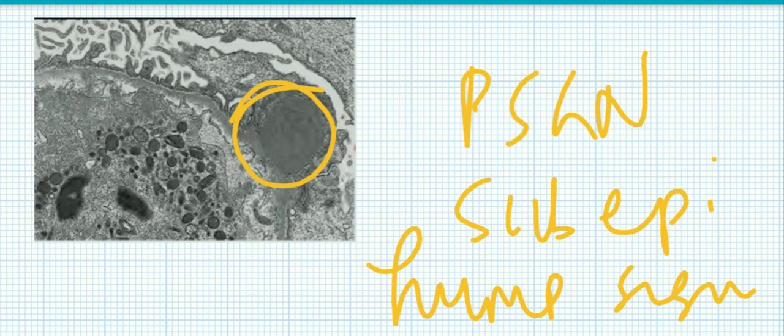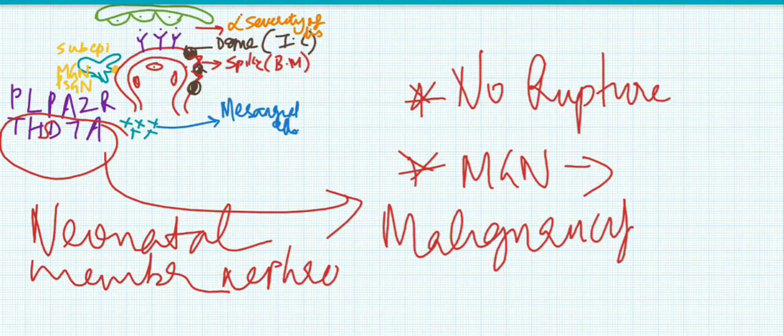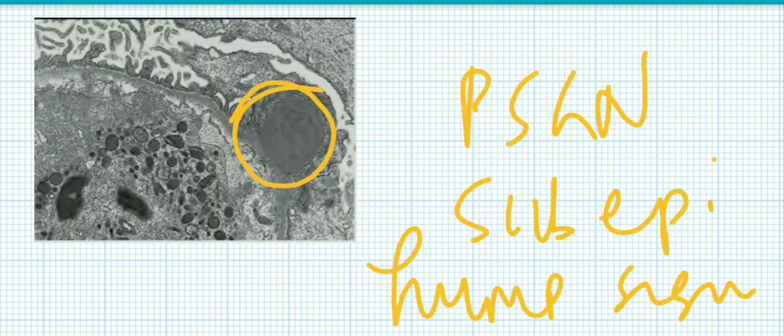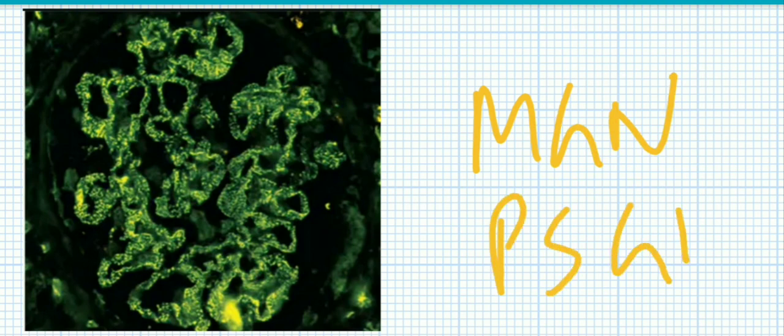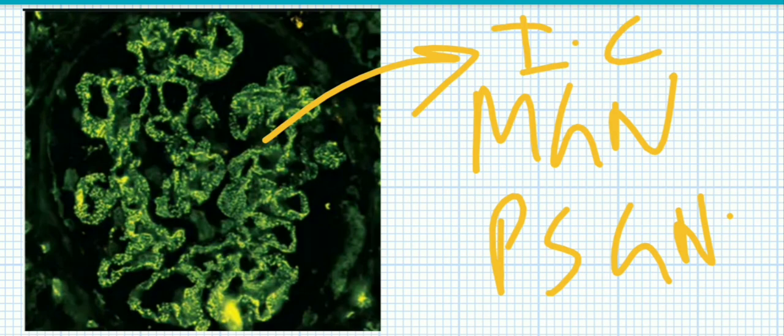Now when you look at the immunofluorescence, we already know it is about the immune complex, because we have seen that immune complex deposition gives rise to the dome. Whenever there is immune complex, we know the immunofluorescence will be granular. So granular immunofluorescence is observed in both MGN and PSGN, and it is due to the immune complexes.